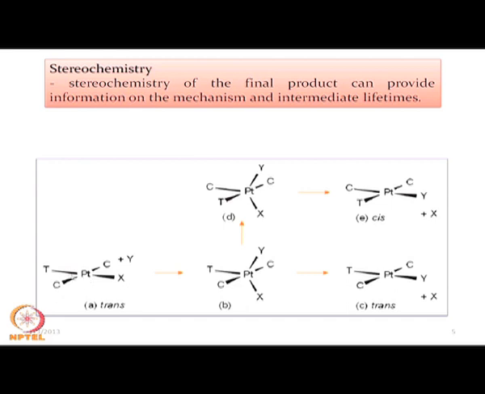But what will happen is that the T, that means the trans Cl group, can stabilize the trans X, that means the trans amine group, and if Cl is coming and attaching to this particular center, we get the corresponding trans platin isomer only. So, in this particular case, Y is the incoming group.